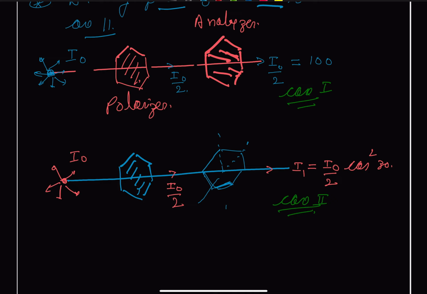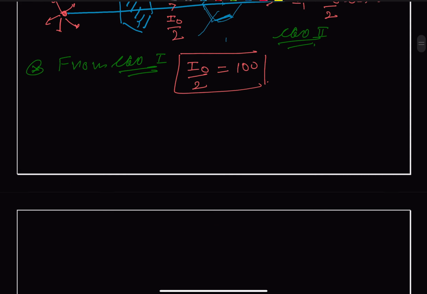So from case 1, we have that I naught upon 2 is equal to 100. And from case 2, we have that I1 is equal to I naught by 2 times cos square of 30.